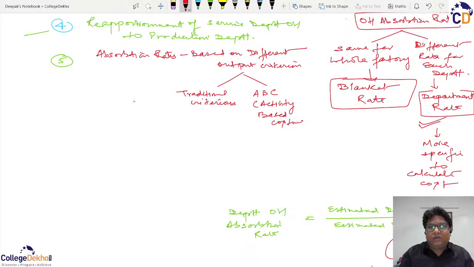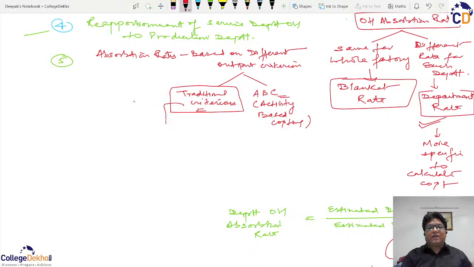So we can calculate overheads in traditional methods and as per the activity based methods. The prime difference is these traditional methods are primarily five output criterion which are used for all kind of industries, whereas the ABC, the activity based criterion, is industry specific. Each industry can identify its output criterion on its own.